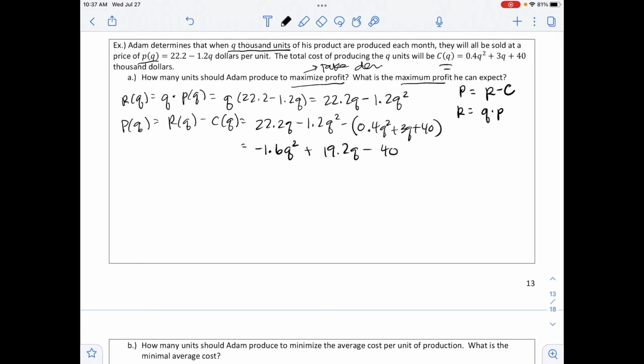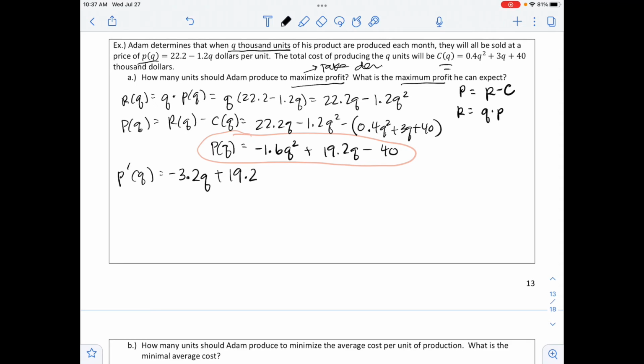So take a derivative, and so we're going to find P prime of Q. So taking the derivative of our profit function, which we just came up with, and I'll circle that so we can see it, we get negative 3.2Q plus 19.2.